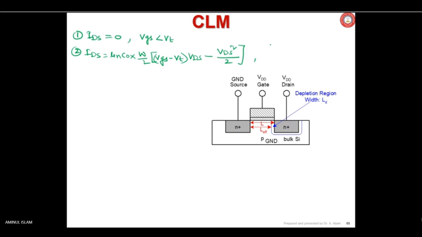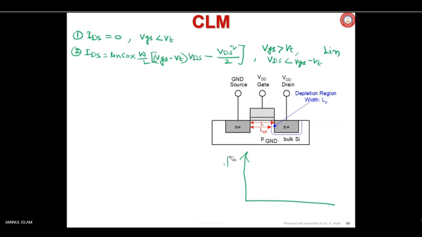This is for VGS greater than VT, but VDS less than VGS minus VT. Means VDS is very small, drain to source voltage maybe 0.1 volt, 0.2 volt, 0.3 volt or so. It is not too much. So this current is in the linear region.